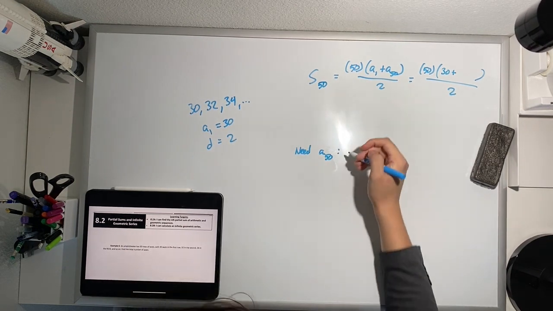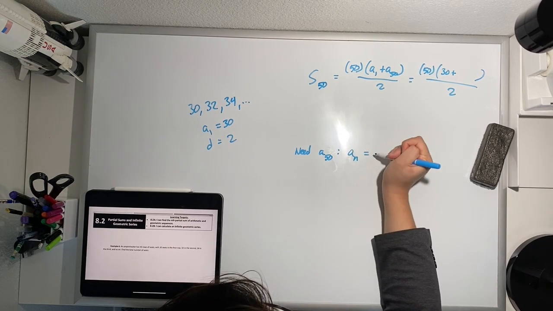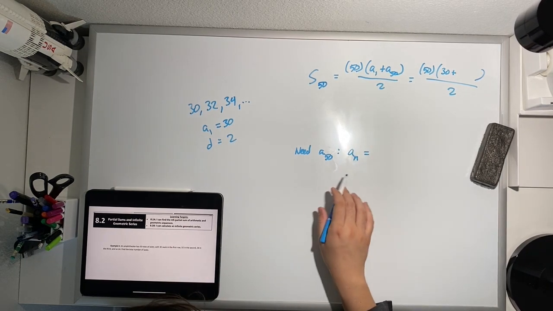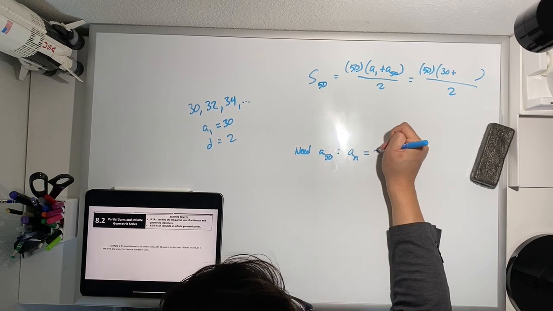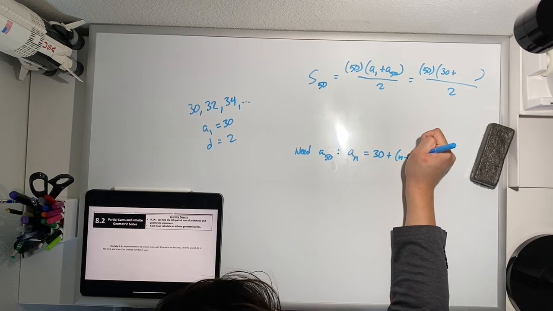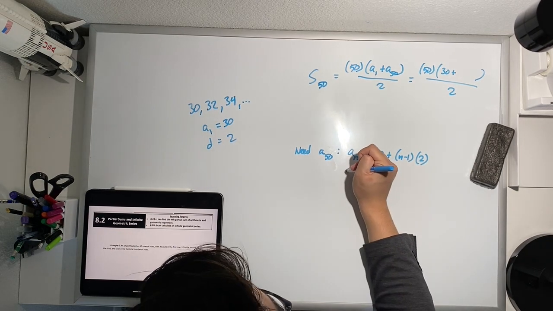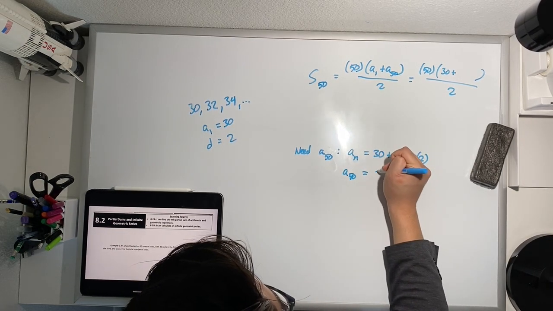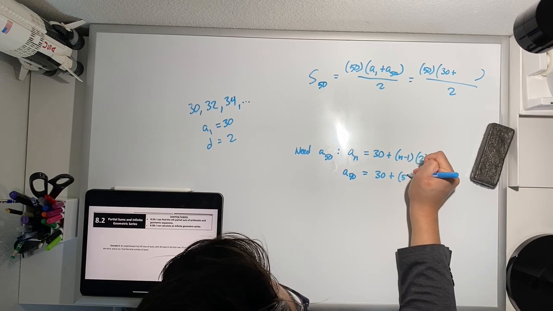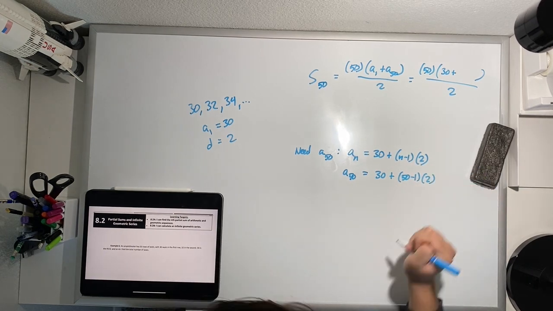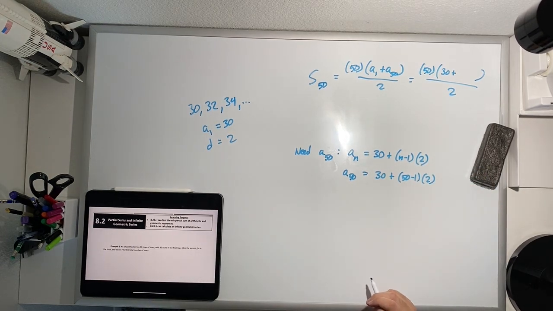To find the 50th term, we'll find the nth term formula. This is an arithmetic sequence, so the nth term formula is a1 plus n minus 1 times d. That means the 50th term is 30 plus 50 minus 1 times 2.